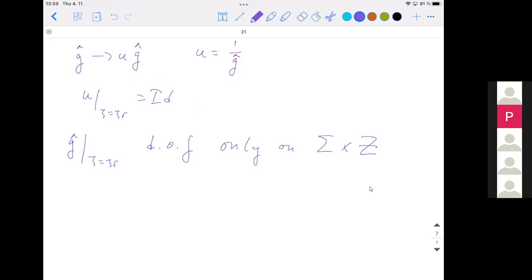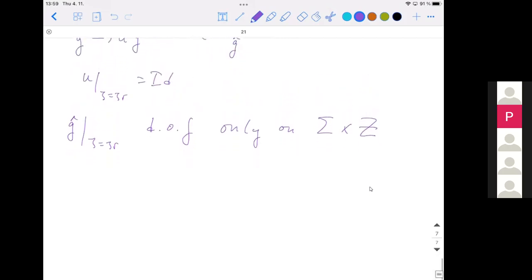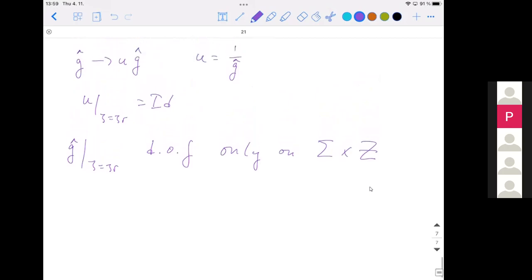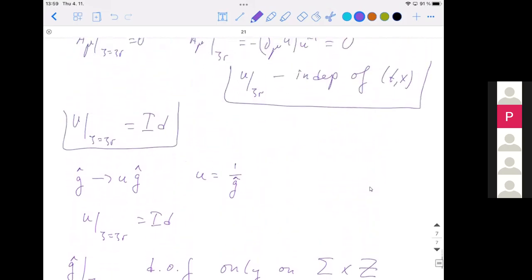So the physical degrees of freedom are located at the boundaries. And now we can probably go to the PCR. But I guess that's a sufficient condition for you. I mean, it's not necessary. You mean that U is identity? Yeah, I guess it's the strongest. It's stronger than what is needed. Stronger than the constant, I guess. Yes.